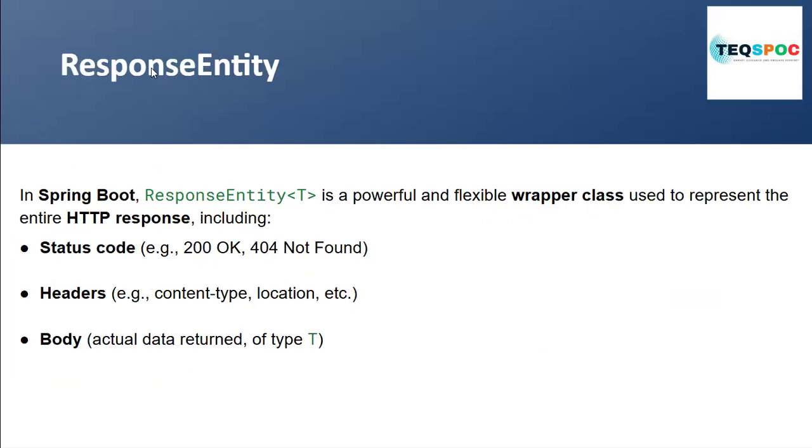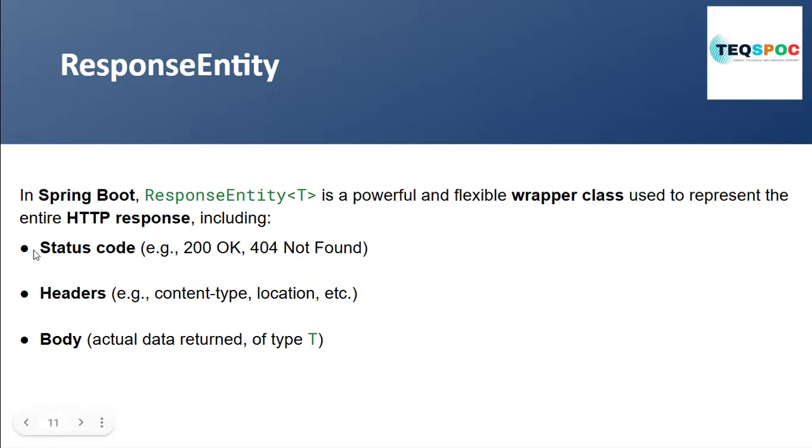Then we have ResponseEntity. When we are developing a method and I want to create a response, like if it is 200 success then I want to pass some message, and if it is not success I want to pass some other message, that request and response will be set with the help of ResponseEntity. In Spring Boot, ResponseEntity is a generic of type T, a powerful and flexible wrapper class used to represent the entire HTTP response.